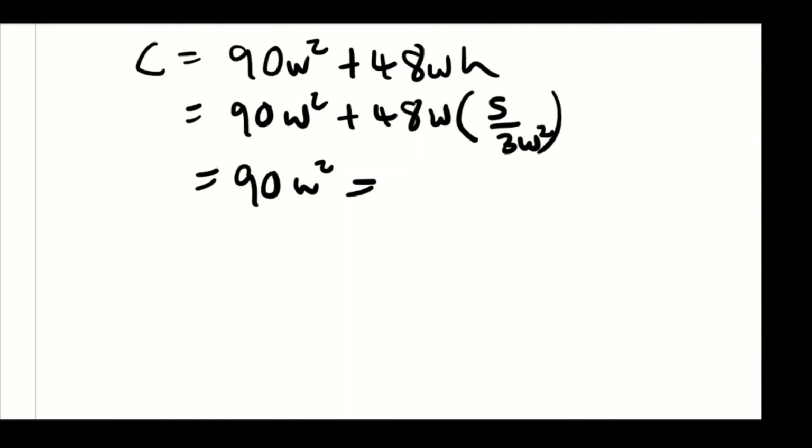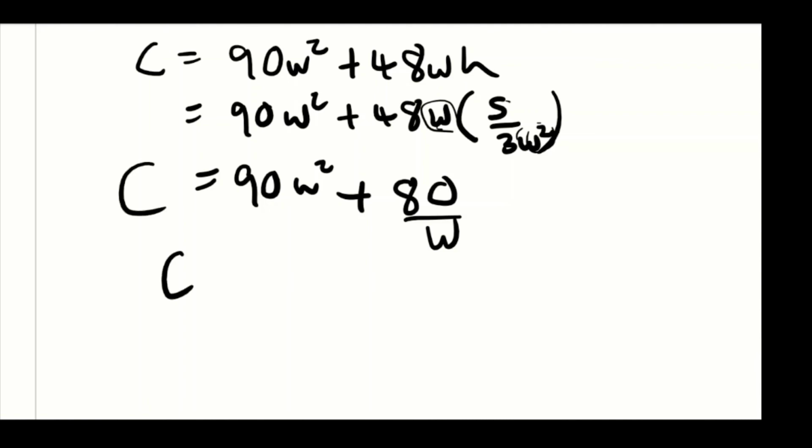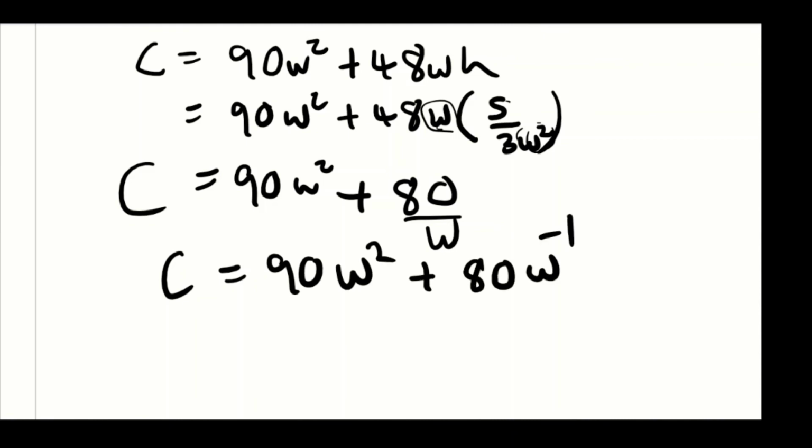What we'll have is plus, so 48 multiplied by 5 divided by 3 is going to give you 80, and this W will divide with this W squared, so you remain with 1 over W. So the cost is equal to this, and to write it properly, because we want to derive here, plus 80W to the power of minus 1.